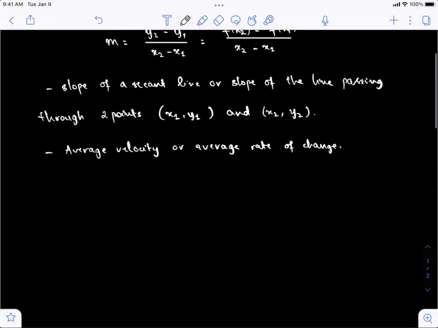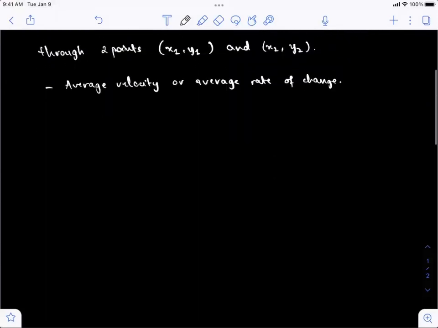To calculate the slope of the tangent line, take the limit as x2 approaches x1 of f of x2 minus f of x1 over x2 minus x1. Okay, so that's what we did.